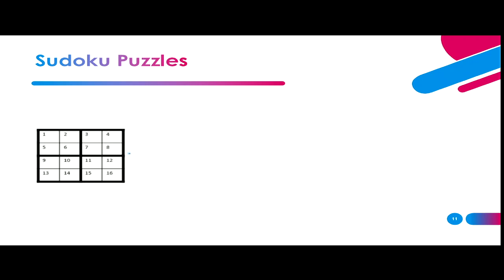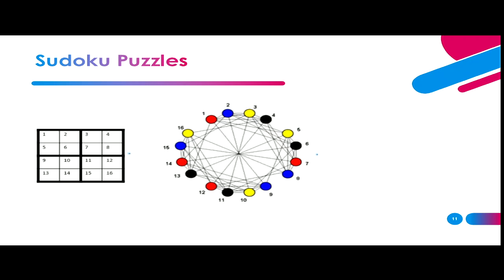We need to add edges between the vertices in a row, in a column, and in a 2 by 2 box. If you translate this into a colored graph, it will look like this. You can see that 1 has edges to 2, 3, 4, so that's in one row.